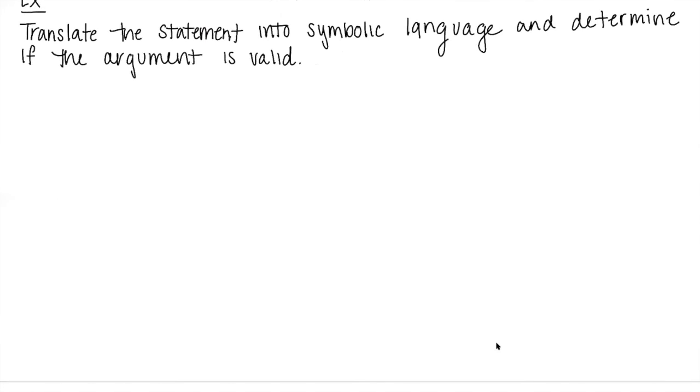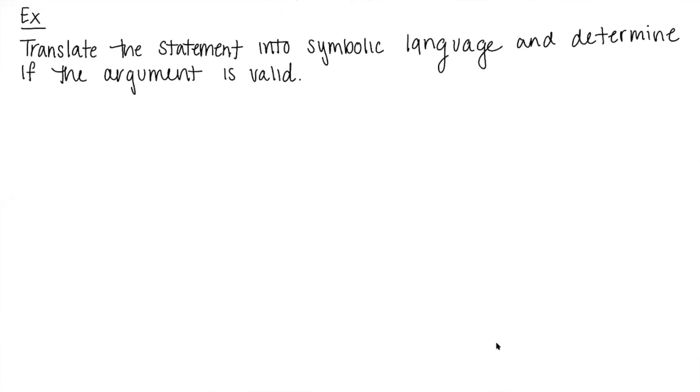Okay. So what we're going to be doing is that our argument is going to be kind of strange. A tiger is a cat, and a giraffe is not a dog.